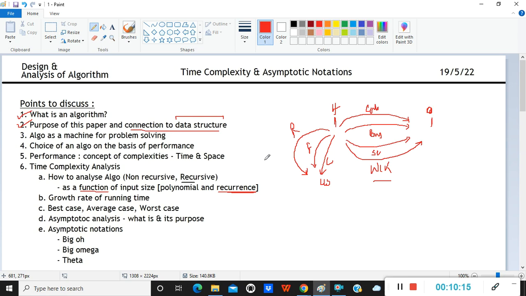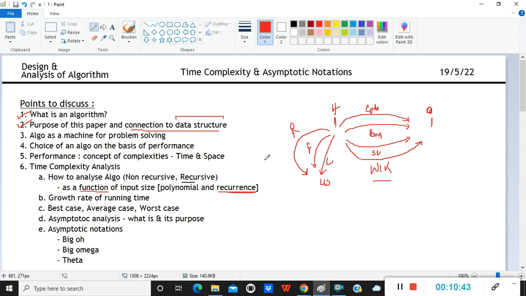So you have to organize the data in such a way that while your algorithm is actually working, taking the data, fetching the data, storing the data will not be a bother.